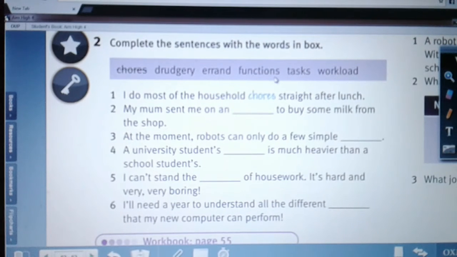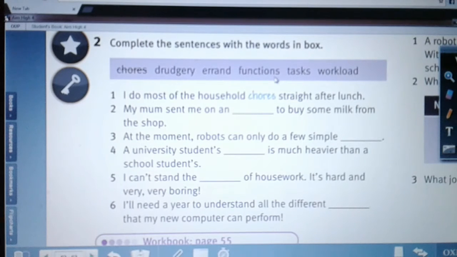Okay, so I'm going to tell you the definitions of these words. So I'll tell you the definition of chores first. Chores is basically jobs or tasks that you do regularly. For example, take a look at number 1. I do most of the household chores straight after lunch. So household chores means the jobs or the tasks that you need to do related to your house.